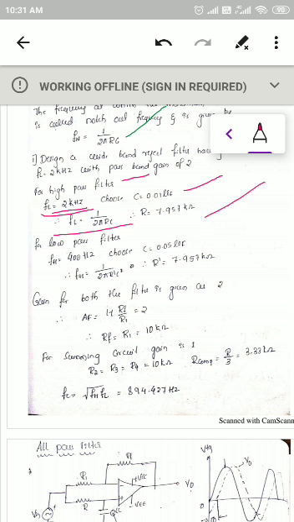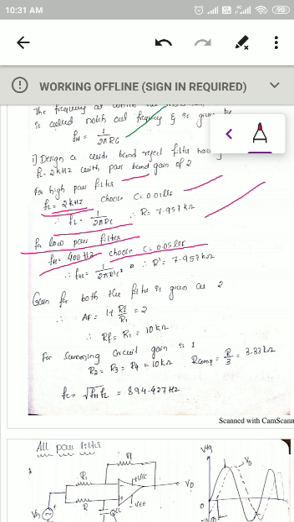For the low pass filter you have to choose the higher cutoff frequency, then choose a capacitance value. You can choose any value, 0.01 also you can choose. Here I have chosen 0.05 microfarad. I have noted R and C with dash values here just to differentiate the high pass and low pass.